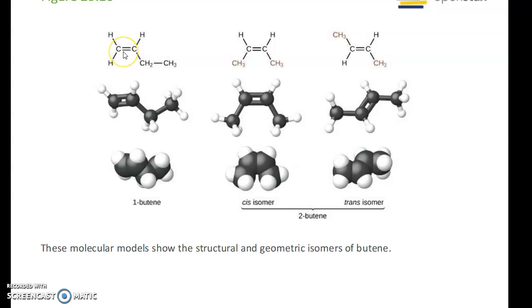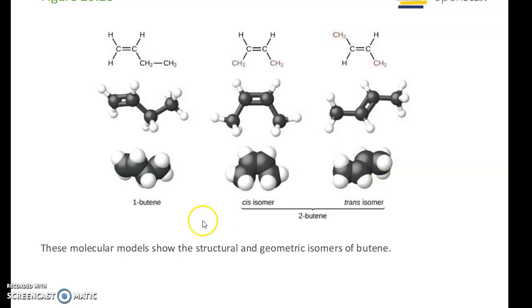And this right here shows 3 different structural and geometric relationships. If the double bond is here, it looks like this. If the double bond is here, you can see it's a very different looking molecule. And if it's located here, it looks like this. So, very different ways in which these things will look, depending upon their orientation.